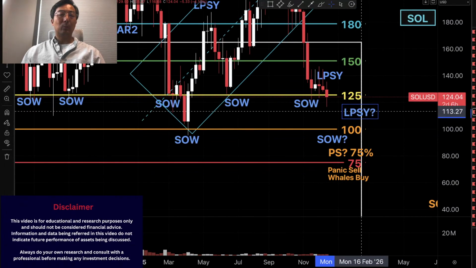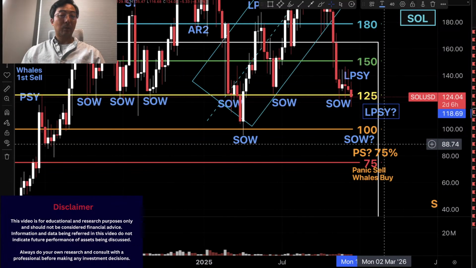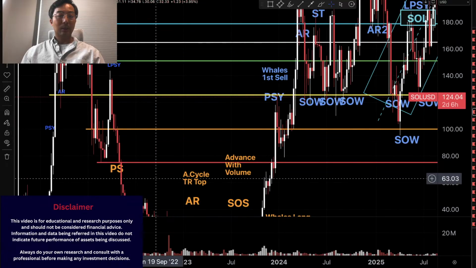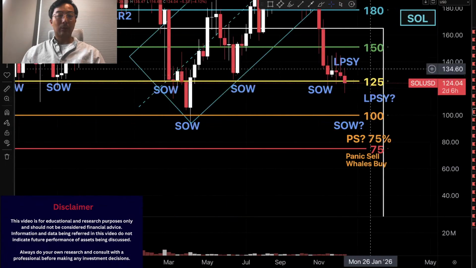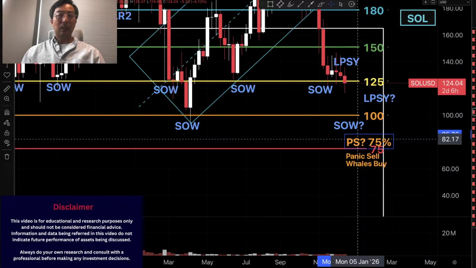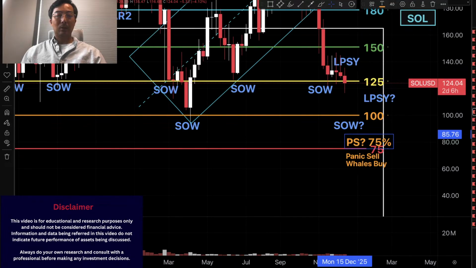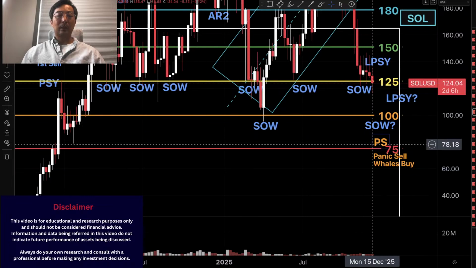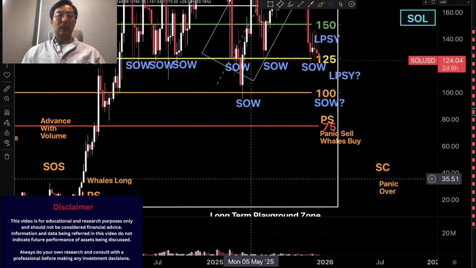Whether there's going to be a rebound, or like I described earlier, is it going to go straight down after the LPSY that we have just confirmed, straight into accumulation. Time will tell, but we know the likelihood of this coming south is getting higher and higher.